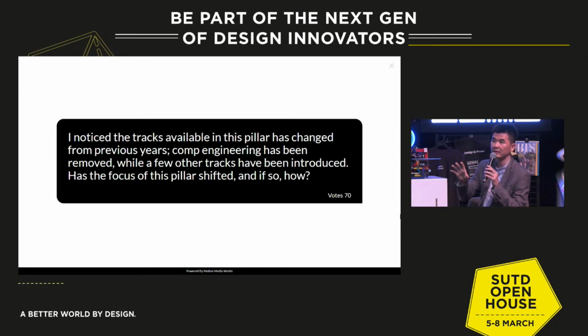Because there are a lot of industries where it's important to create a lot of talent, to support our Smart Nation initiative. So that's one. And also visual analytics. In fact, visual analytics and computing is also related to this. So what I want to share is that it's not the focus of the pillar that has shifted.